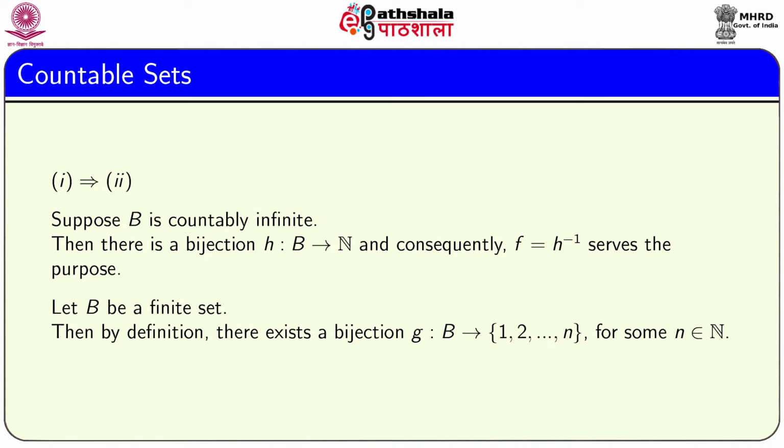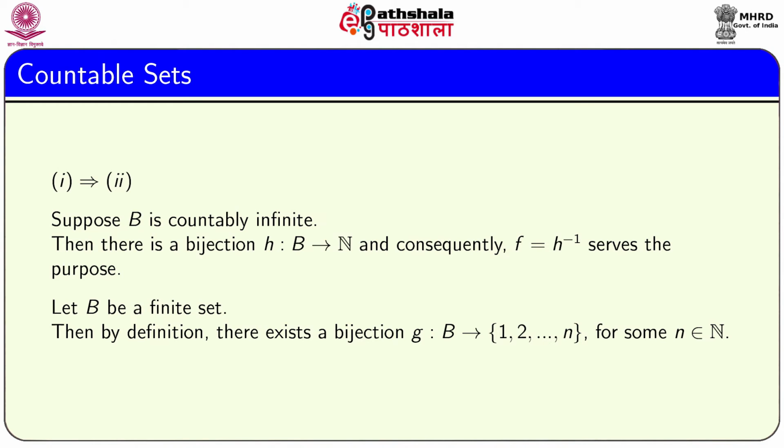To prove 1 implies 2, we start with a countably infinite set B. Then there is a bijection H from B to N, and consequently taking the inverse H inverse equal to F, we get our desired condition 2. Let B be a finite set.